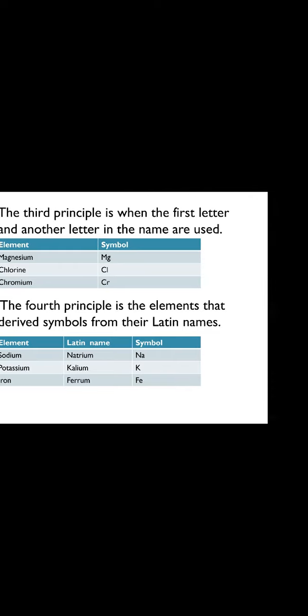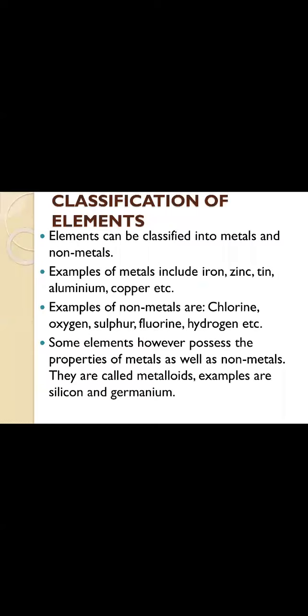Now let's move to classification of elements. Elements are classified into metals and non-metals. Metals are those elements that ionize by loss of electron.